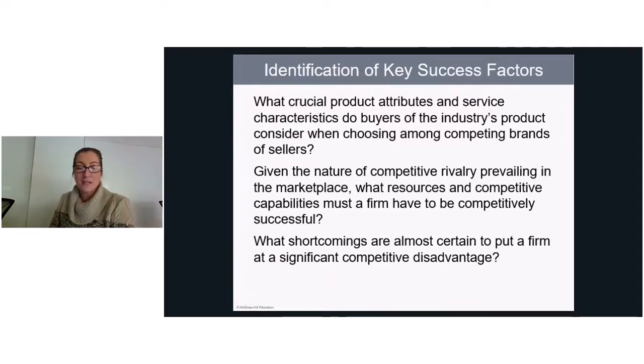So how do we know what the key success factors are? Well, we need to have a comprehensive understanding of what the industry is, how it's defined, and what are the main competing forces in the industry.